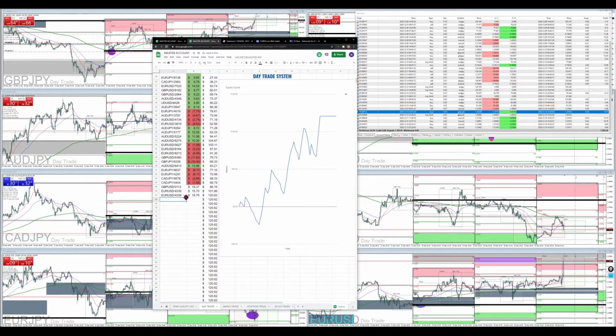Okay, the next one is the Euro USD 8575. Okay, and the next one is the Euro USD 0522. Is 908. Okay, so there's all my green.